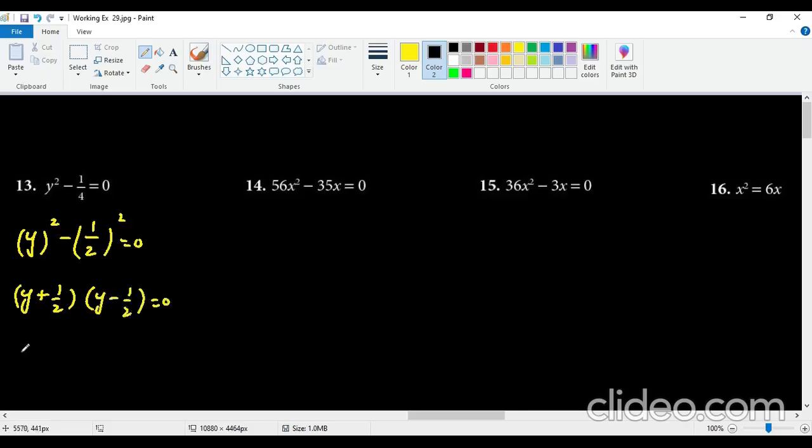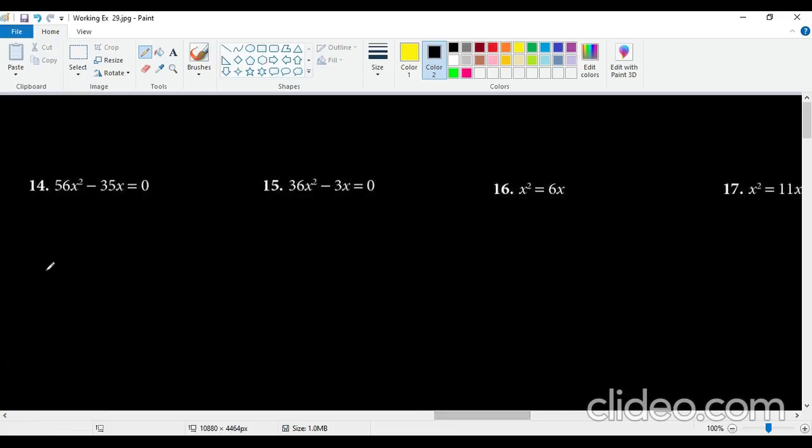That means y plus 1 over 2 equals 0, and y minus 1 over 2 equals 0. That means y equals negative 1 over 2 and y equals positive 1 over 2. Moving on to question number 14.